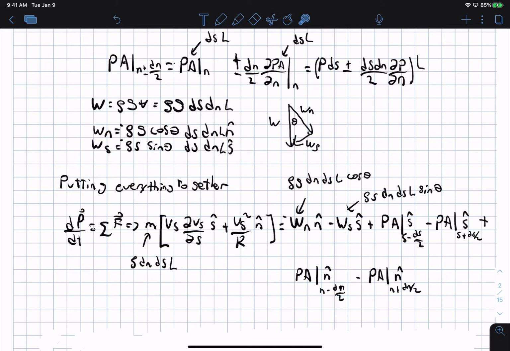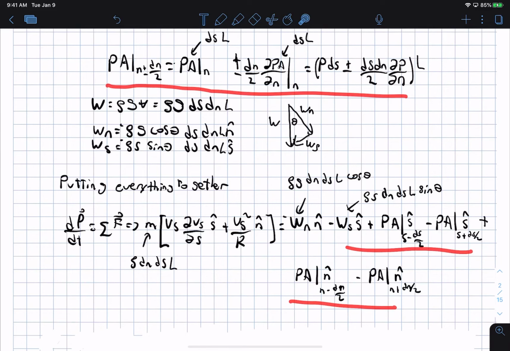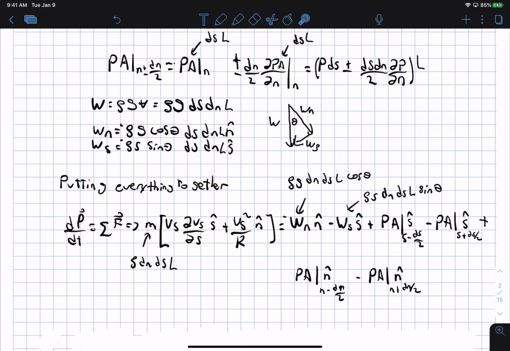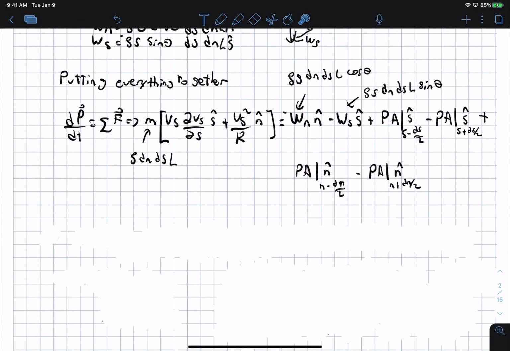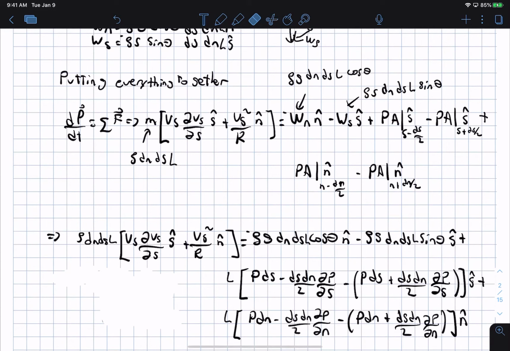Okay, so we now substitute in our Taylor series expressions for the pressure times the area at all these faces, and we start working through everything. This implies that we get this big, long, nasty expression here.